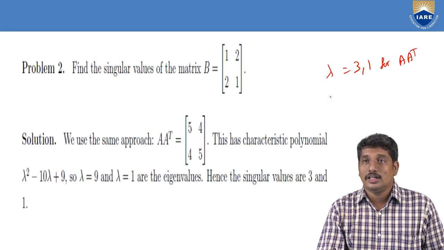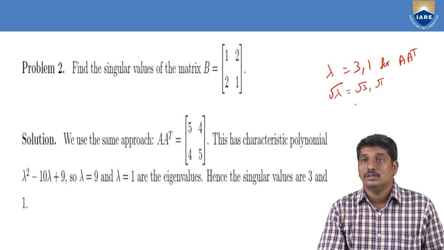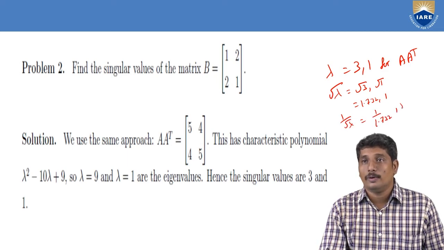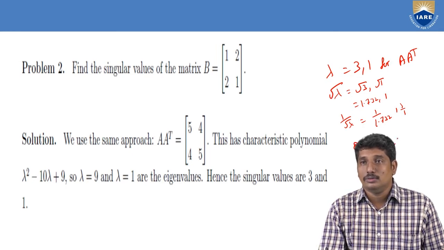Now let us calculate the square roots, that is root lambda, that is root 3, root 1. Root 3 is 1.732 and root 1 is 1. Now let us take the reciprocals, 1 by root lambda, that is 1 by 1.732, 1 by 1. These are called the singular values theta 1, 1 by 1.732, theta 2, 1 by 1.